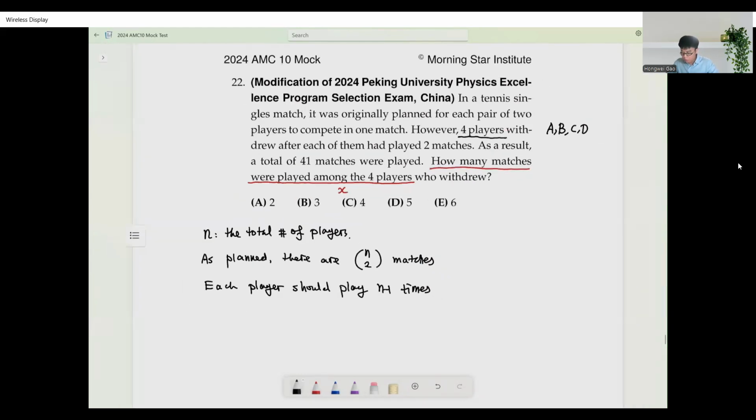Now, for these 4 players A, B, C, D, each of them only played 2 matches. So we can compute how many times they did not play.